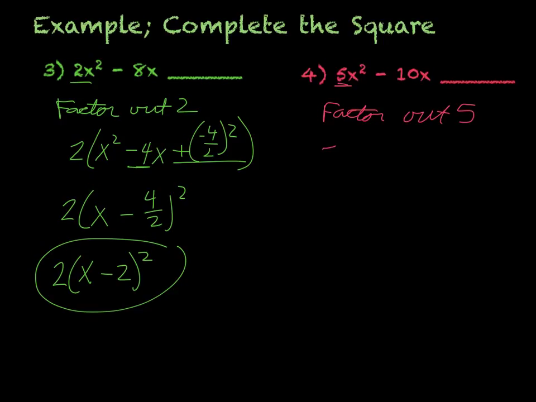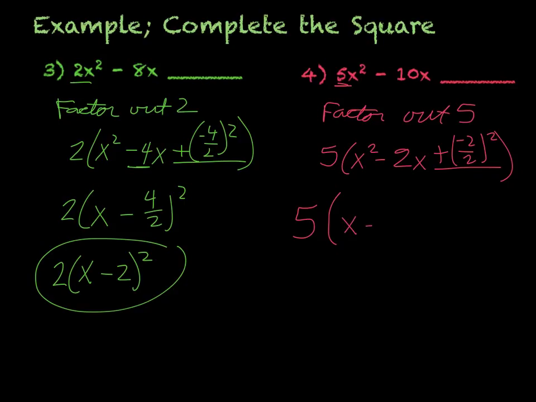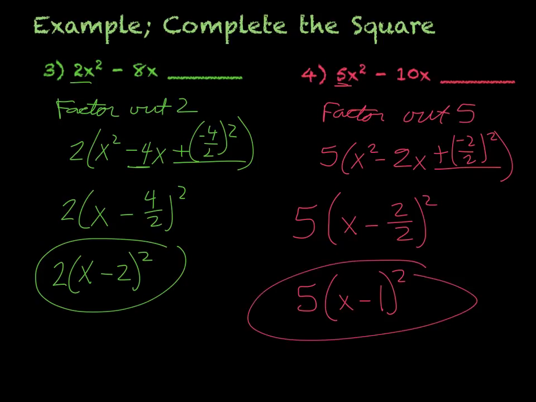So I'm going to factor out the 5, x squared minus 2x, and then that's where I'm going to add my negative 2 over 2, because remember my b is changing, squared. So I write it as my completed square, 5 times x minus 2 over 2 quantity squared, and I simplify, 5 times x minus 1 quantity squared. And that is my final answer, my final completed square.